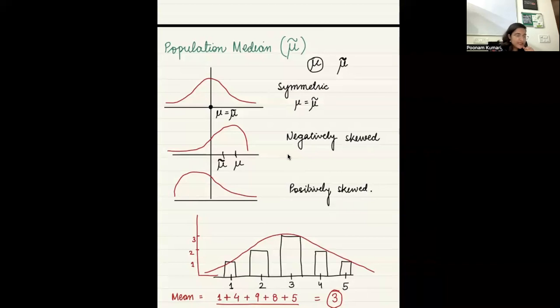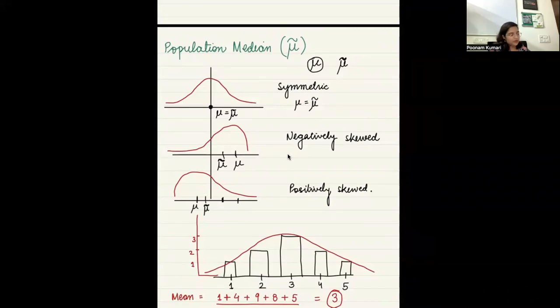So what should be the case with the positively skewed data? The reverse of it, right? इसका उल्टा हो जाएगा. Yes, ma'am. So यहाँ पे क्या होने वाला है? This is mu and let's say this is mu tilde, right? Is that all right?